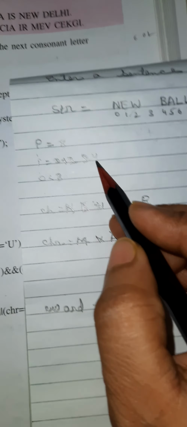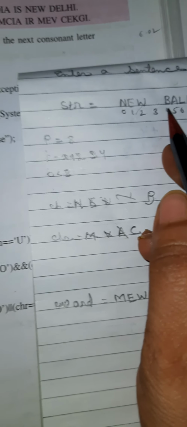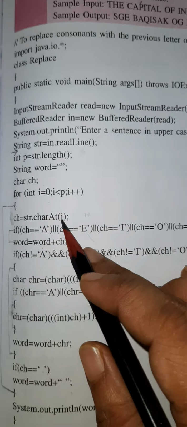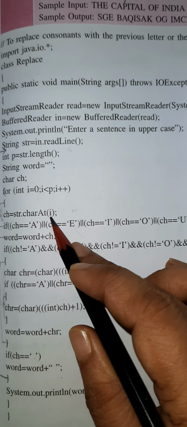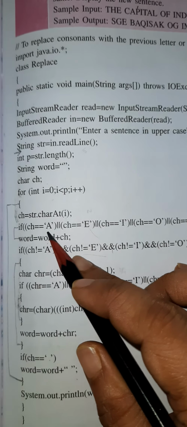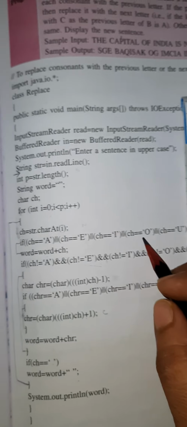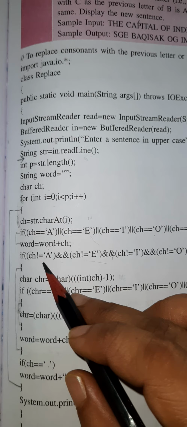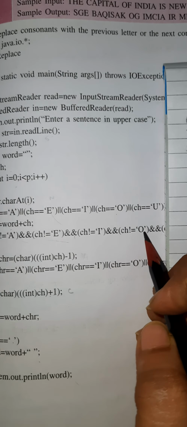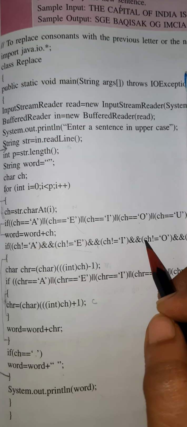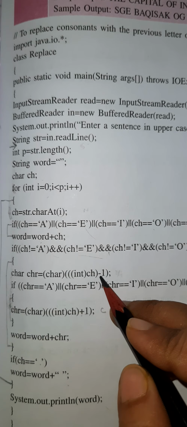Once more I am saying, see, when I is 4, 4 is B. So it is taking character at 4, that is B. Is it a vowel? B is not a vowel, so it will not enter here. It is not A, E, I, O, U, so this part is true. So it came to this part.